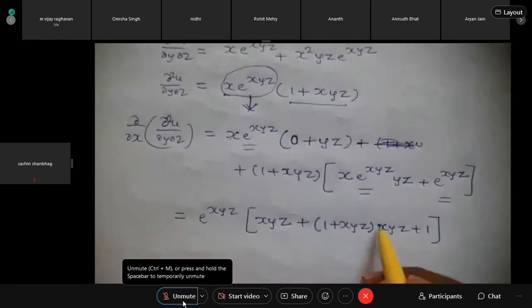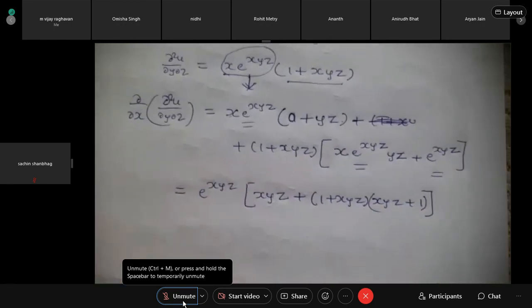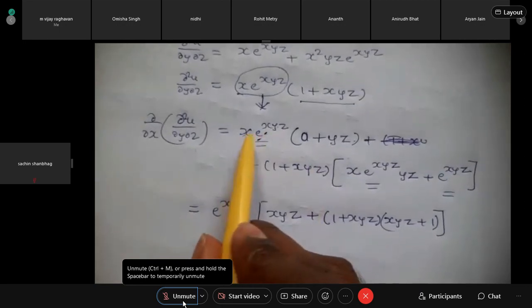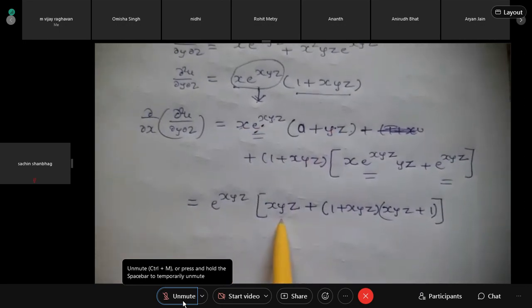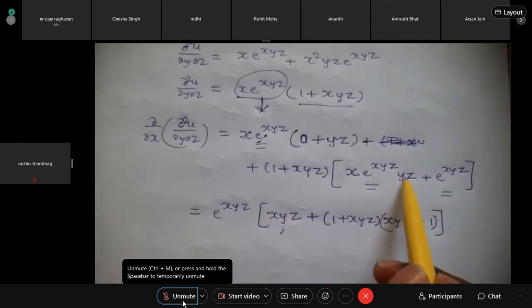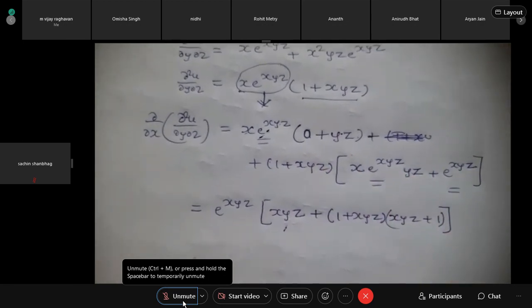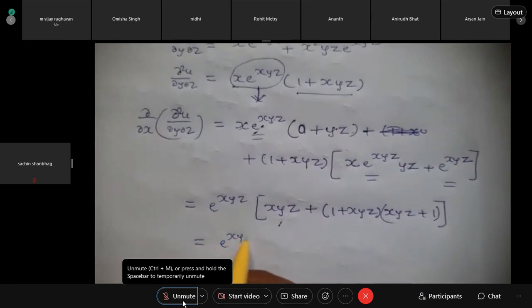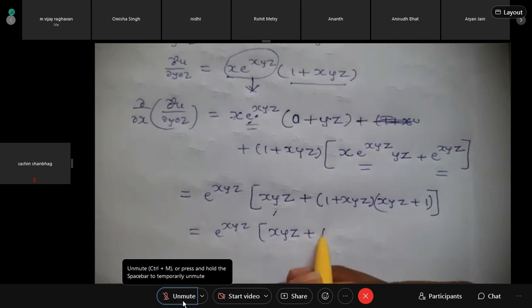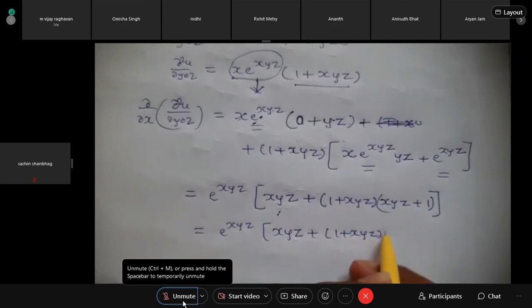Am I correct? Can I now say it is just e power xyz into (xyz plus 1 plus xyz) the whole square?